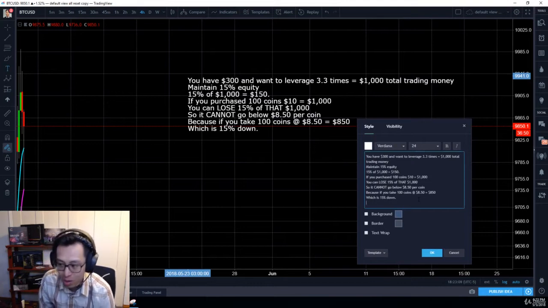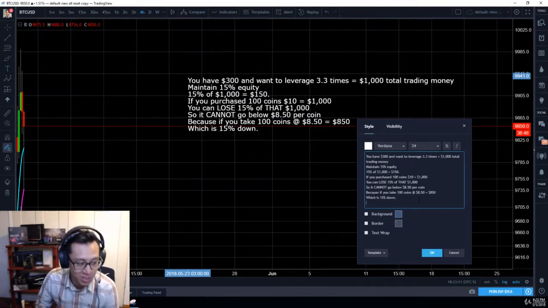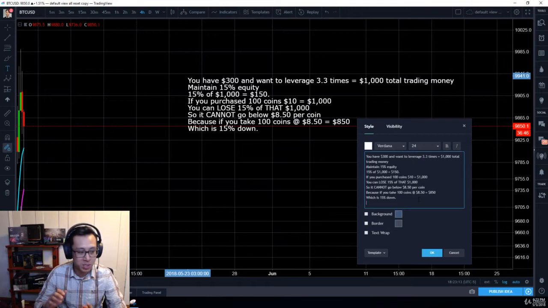Now, what happens if it actually goes down to $8.50? That would be something called your liquidation price. A liquidation price is the price at which the exchange will automatically close your position. The really horrible thing about margin trading is you're not always going to be left with 15%, guys.